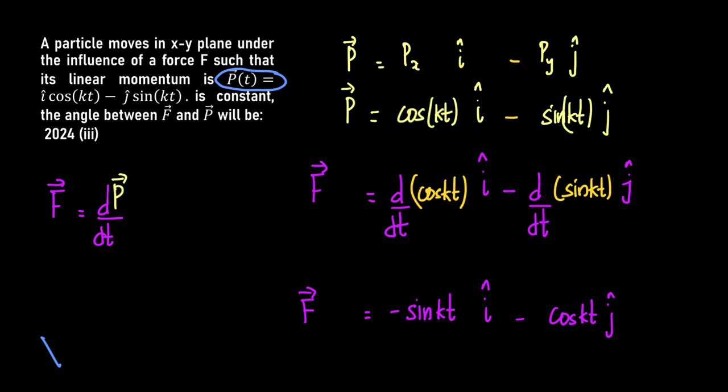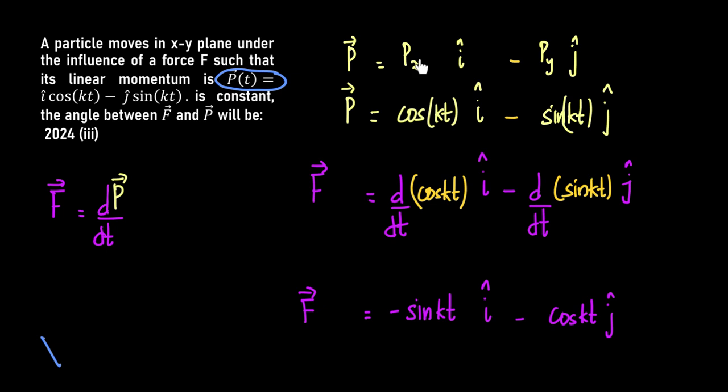So the question is, a vector is moving under a force F such that its linear momentum is P of t, which is a constant, and the angle between F and P will be. Now, how do we find vector F from vector P? Vector F is the rate of change of linear momentum, vector P, which means the rate of change of the x component and the rate of change of the y component.